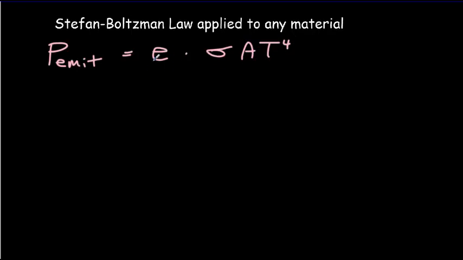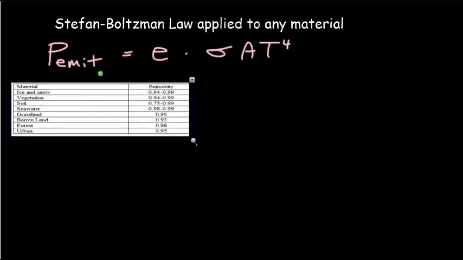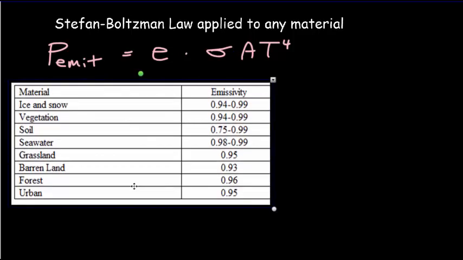So that emissivity is equal to the power emitted by the body divided by the power emitted by an ideal black body at the same temperature. We can then look up the emissivities for various materials. Here's a table for most of the surfaces of the Earth, and you can see that most of the surfaces of the Earth have emissivities fairly close to 1.